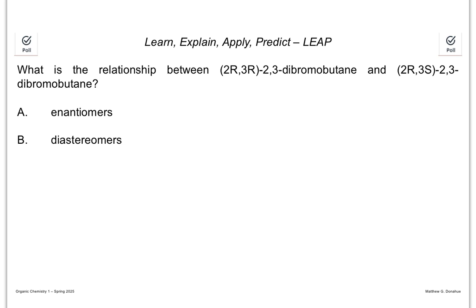So before we get to that, what is the relationship between these two compounds? 2R, 3R and 2R, 3S. Those are diastereomers.